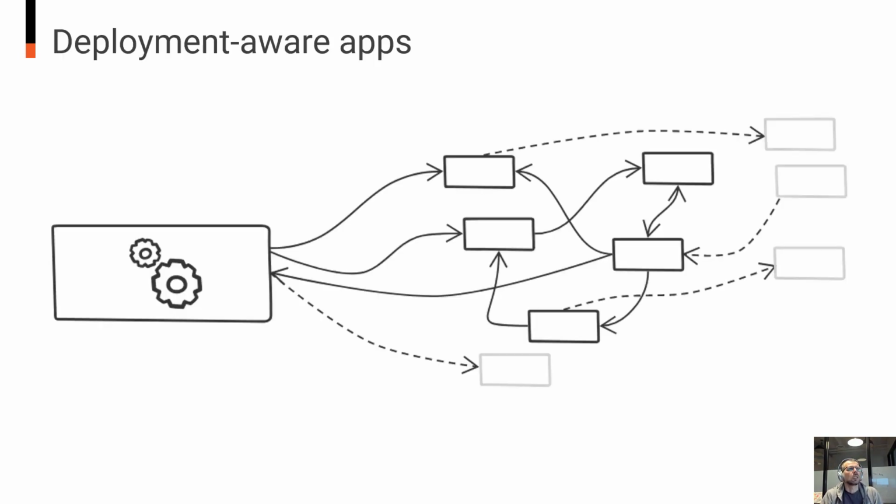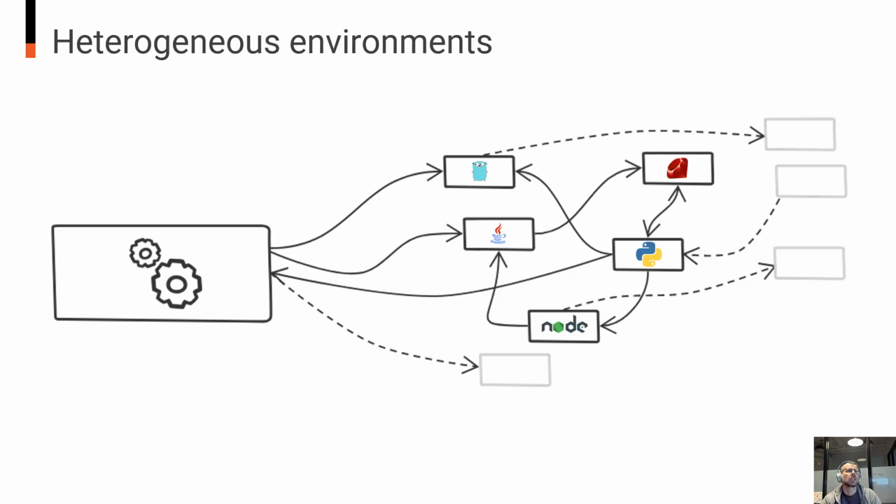Then we came up with the idea that we need applications or services that know about all these additional services, all additional workloads, and can adapt to them. So it's kind of self-healing, self-discovering services. And it came up in multiple different form factors. In one environment, you can see all of them. You can see Java and Node run different services of the same application.